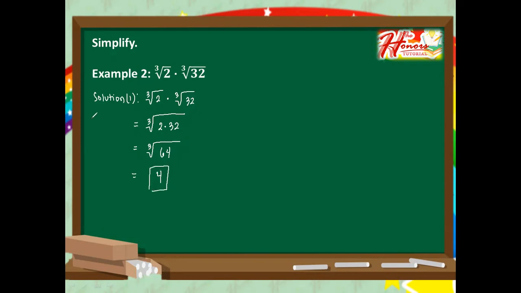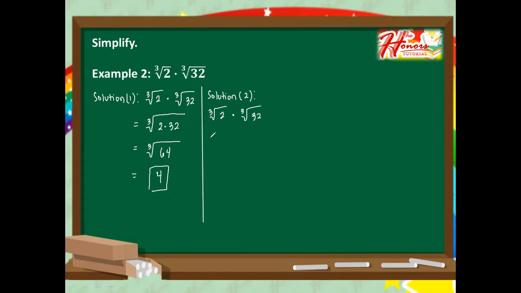So the second way of solving it is this. So this is solution 2. I'll just copy the given first here below. So that's the cube root of 2 times the cube root of 32.